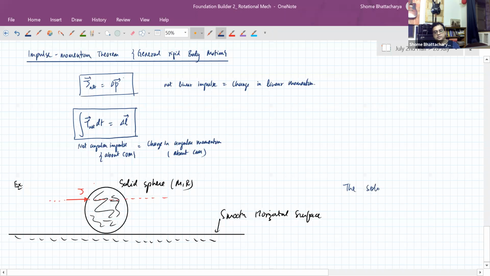So for the solid sphere, let's take some values. Its mass is, let's say, 500 grams, so 0.5 kg, and its radius is, let's say, 20 centimeters, so 0.2 meters. So this solid sphere is initially at rest on the smooth surface.